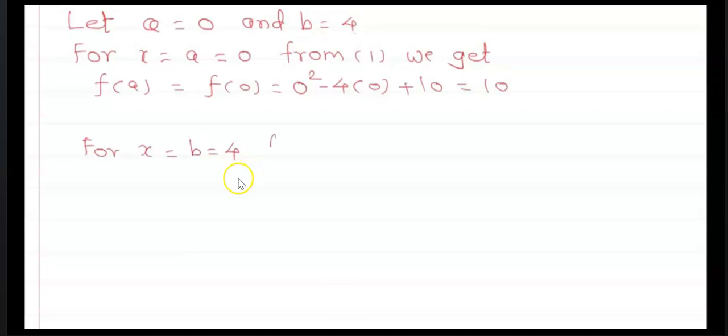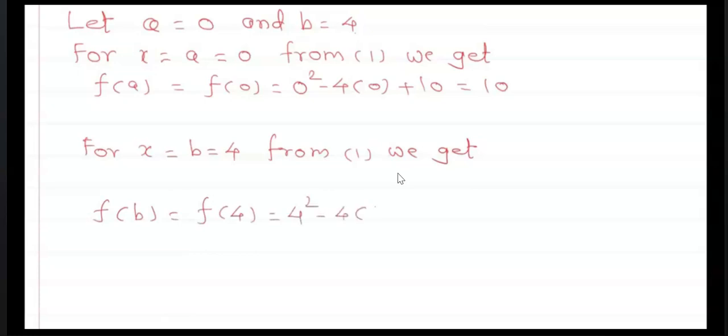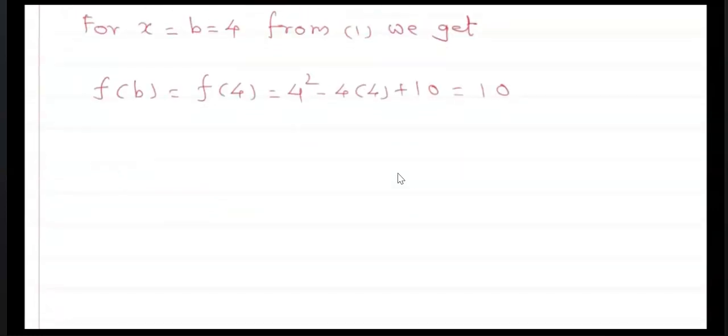For x equal to b equal to 4, we get f of b is equal to f of 4, which is 4 square minus 4 into 4 plus 10, that is equal to 10.